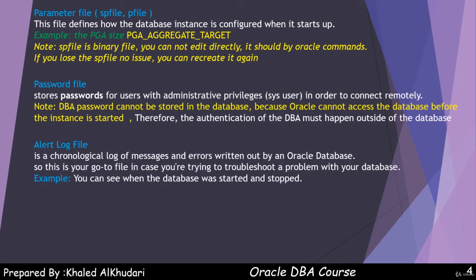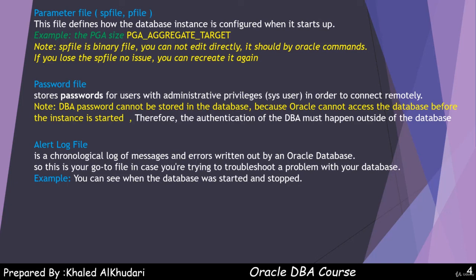Also, we have the alert log file. This is a chronological log of messages and errors written by an Oracle database. When I say chronological, this means sequential, so it's in sequential order. So it contains messages and errors.